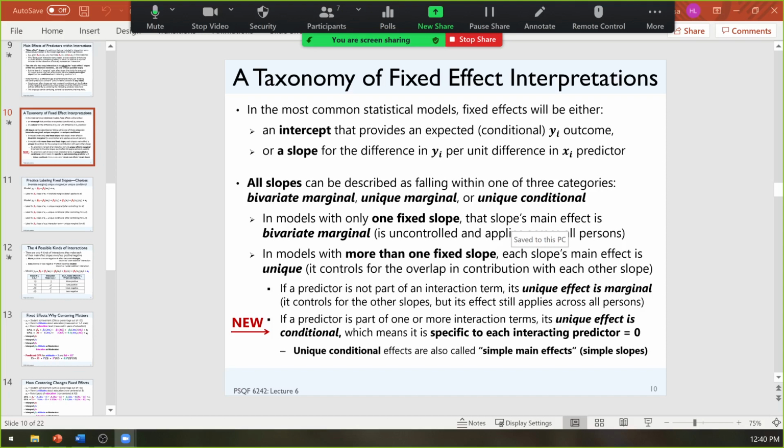So what we used to just call a slope, a fixed slope to be specific because it's a constant, becomes a main effect slope at some point because it's talking about the contribution of the variable by itself, like its own contribution to the model.